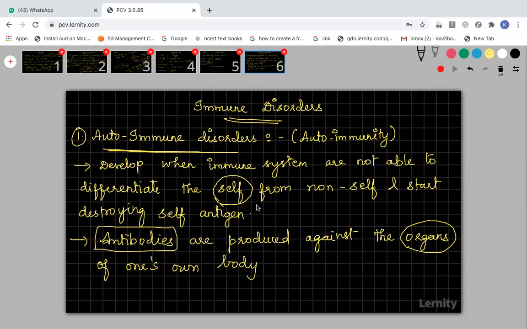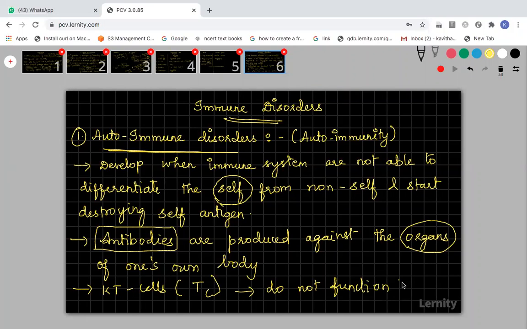Okay, fine. In this autoimmune disorder, which cells get affected? The KT cells. KT cells we studied under the types of T cells. You remember killer T cells, also called TC cells, cytotoxic T cells. So these cells are responsible for differentiating your self and non-self antigens.